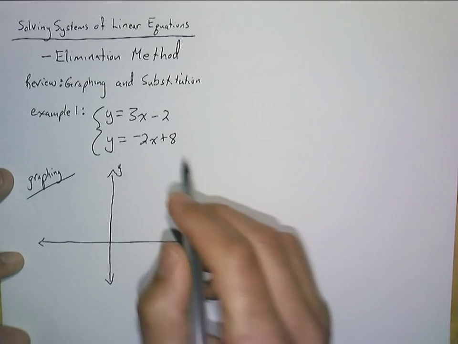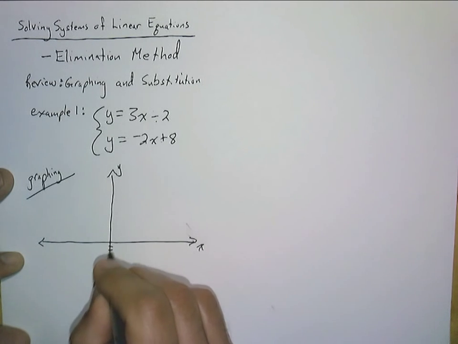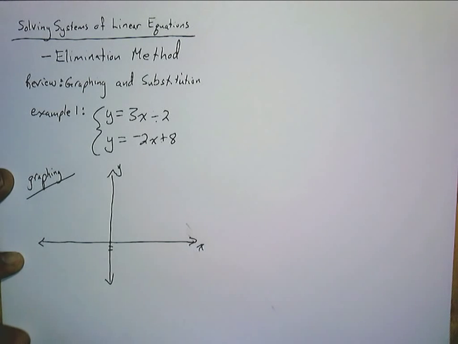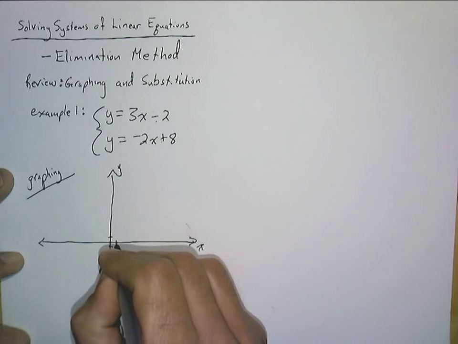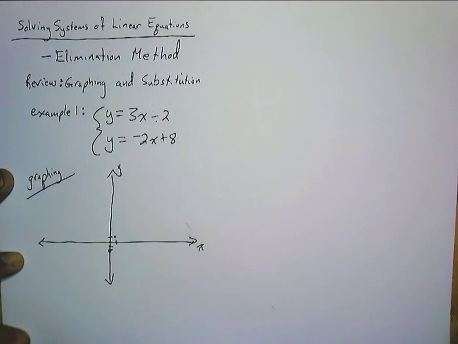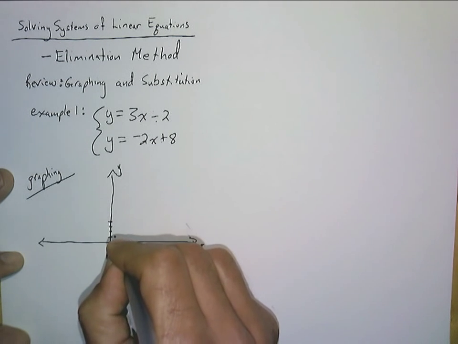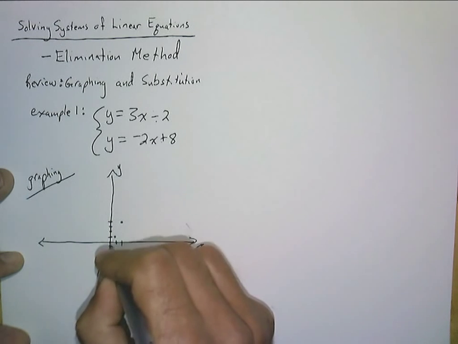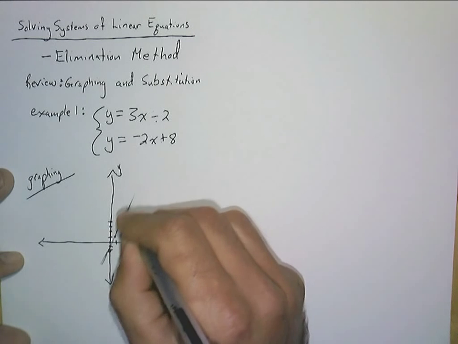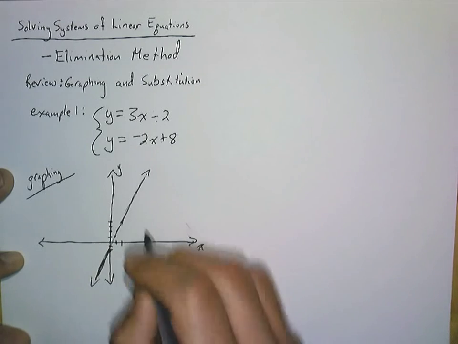The first line has a y-intercept of negative 2, down 2, and the slope is 3, so we go rise 3, run 1. There's one point, here's another point. To be a little more accurate, we could rise another 3 and run another 1. Now we see that our first line looks something like that.